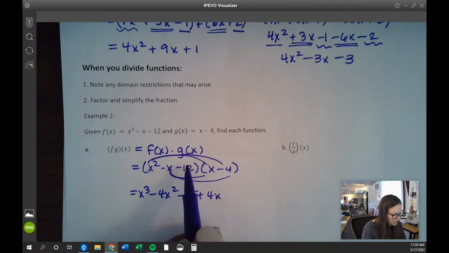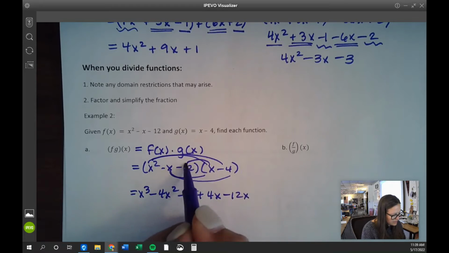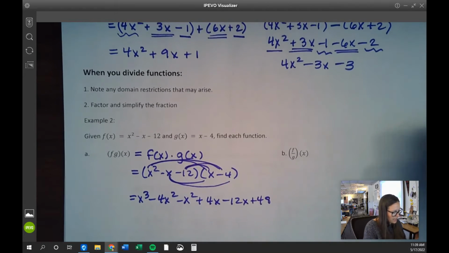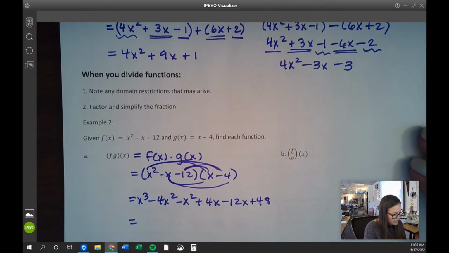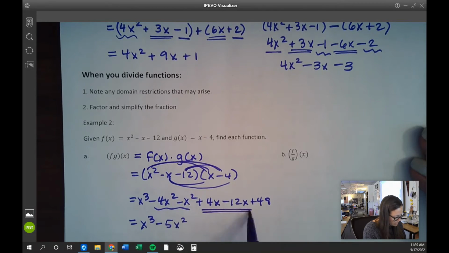Now I distribute the minus 12. Negative 12 times x is minus 12x. Negative 12 times negative 4 is plus 48. Last thing is to combine any like terms: x cubed all by itself, the x squared terms that go together, the x terms that go together, plus 48.